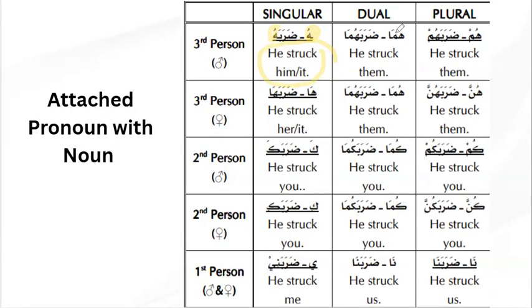Then we learned huma. What is the meaning of huma? Remember, it means they two if it comes independently. But if huma comes attached, it could mean their or it could mean them. Their if it's a noun, them if it's a verb.